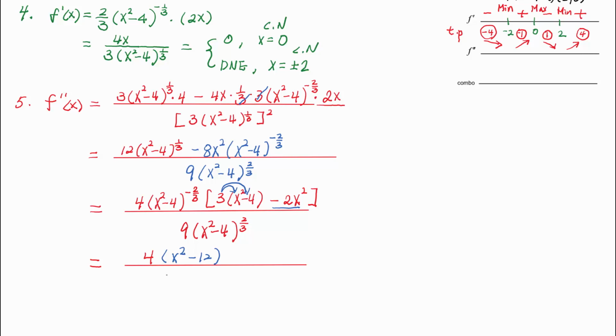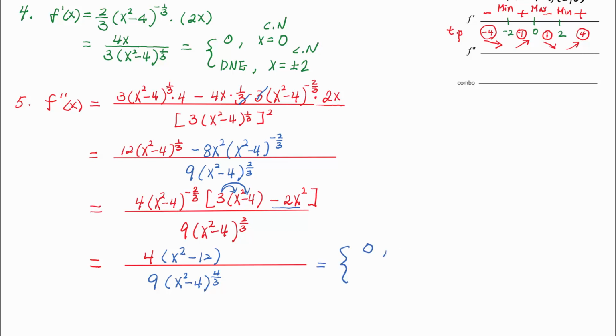And you had a 9 in the denominator, and you had originally x squared minus 4 to the 2/3 power, and you have another x squared minus 4 to the negative 2/3 power coming down. So then, since they have the same base, you can add the exponents, and they become x squared minus 4 to the 4/3 power. And here is our f double prime.